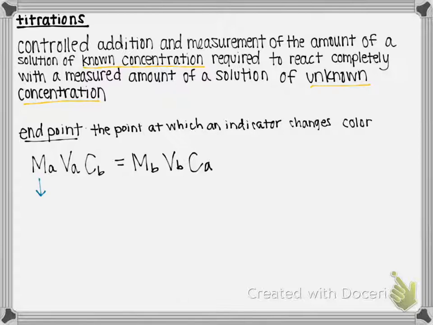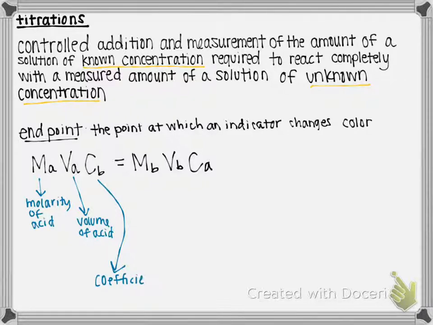MA would be the molarity of the acid. VA is going to be volume of the acid. And CB is going to be coefficient of the base. So notice it goes acid, acid, base.